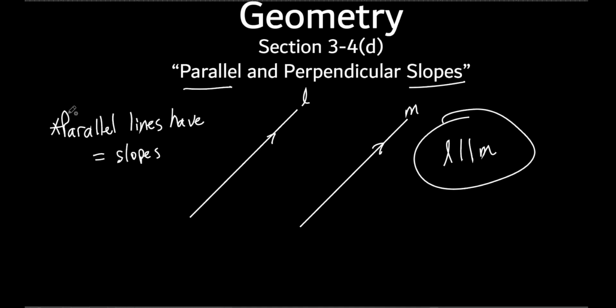I nerded out a little bit last night, and this video came up on my YouTube feed. I thought, that looks interesting. And it was kind of interesting for a while. Then it went way over my head. But they were talking about pi. You've heard about pi. And they were talking about how they got pi. Where did it come from? Who were the first people that figured out what pi is?